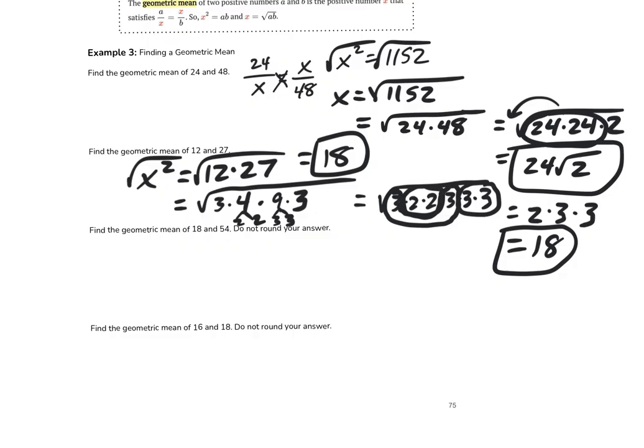Make sure that if you were to do it that way, either you do 12 times 27 first and then take the square root, or you can do the square root of 12 times 27, but they all have to be underneath the radical. I will tell you this, some of your calculators will do simplest radical form for you. Some calculators don't.